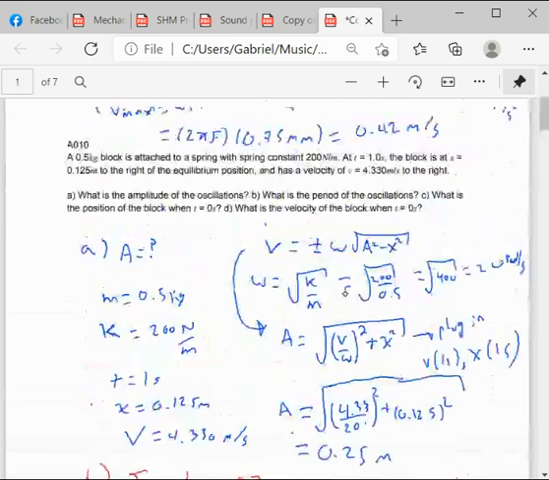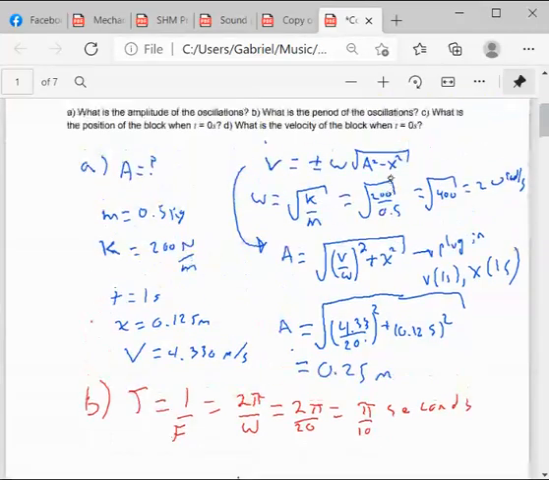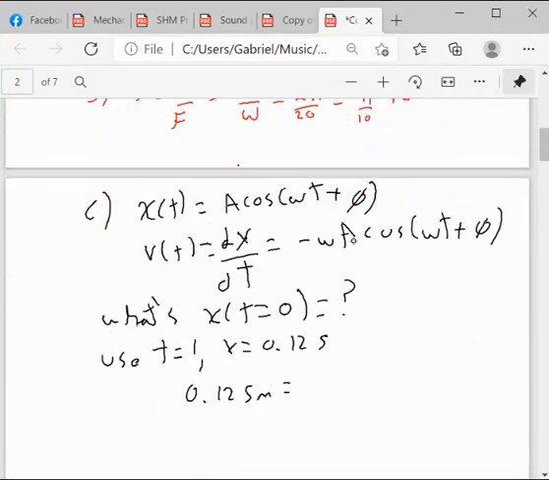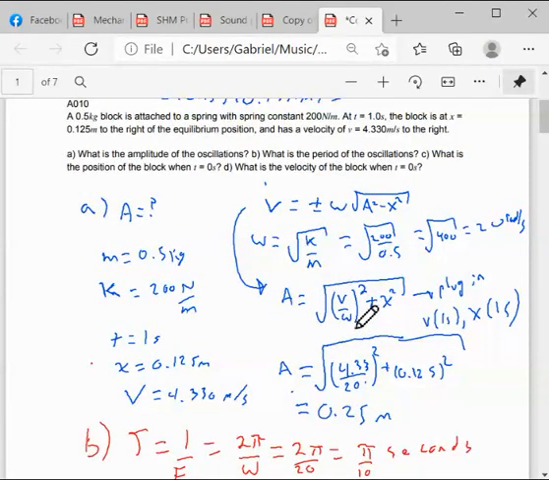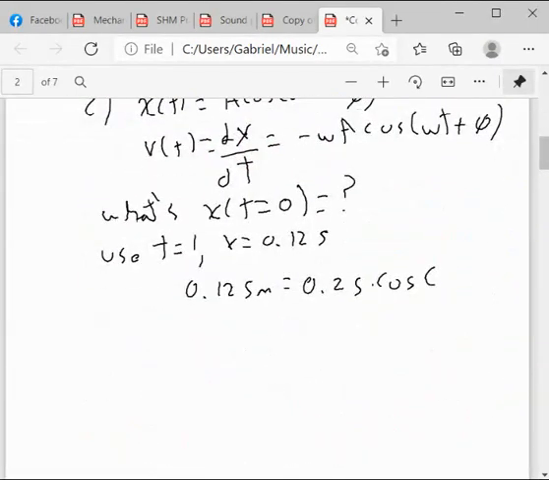We have a cos, that's the amplitude a, being a value of 0.25 times cos, and then omega t. So omega is 20, and this is at t is equal to 1 second, so we should have a 20 here, plus the phase factor 5. So the only unknown is the phase factor.